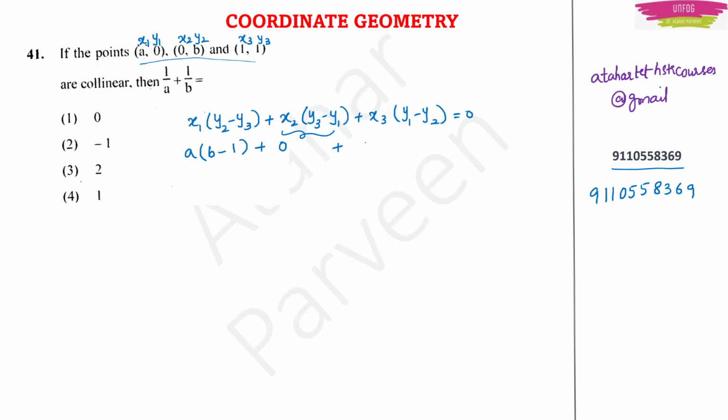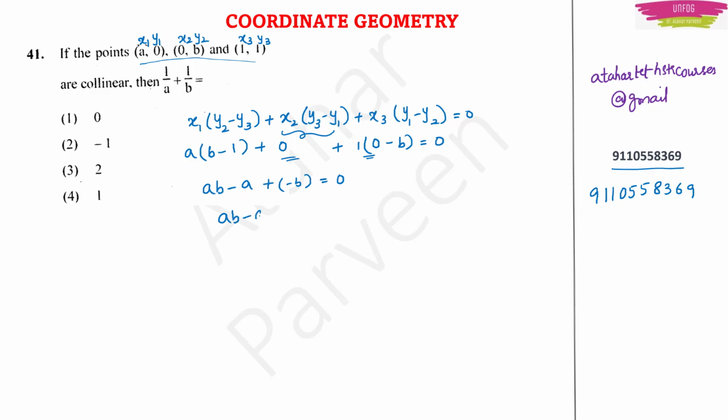Then x3 will be 1 and y1 is 0 minus y2 is b. This is equal to 0. So this will be ab minus a, plus 1 into 0 is 0, minus b. So you will have minus b here, and this is equal to 0.